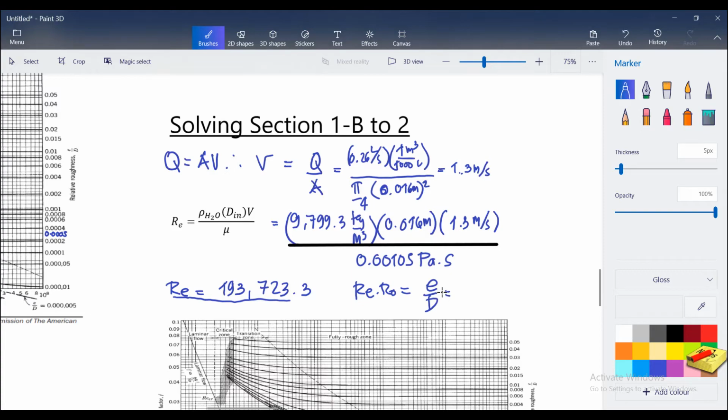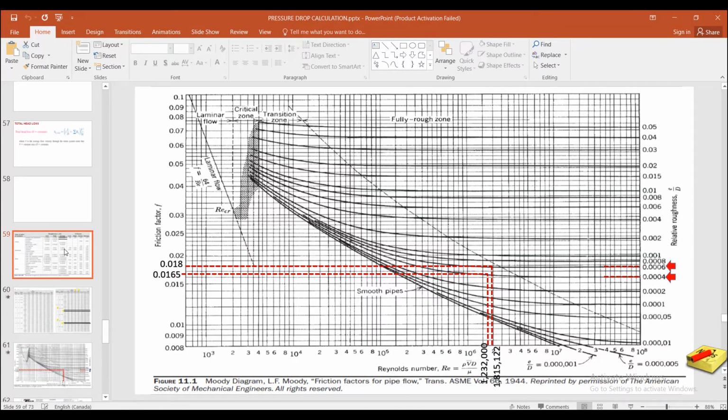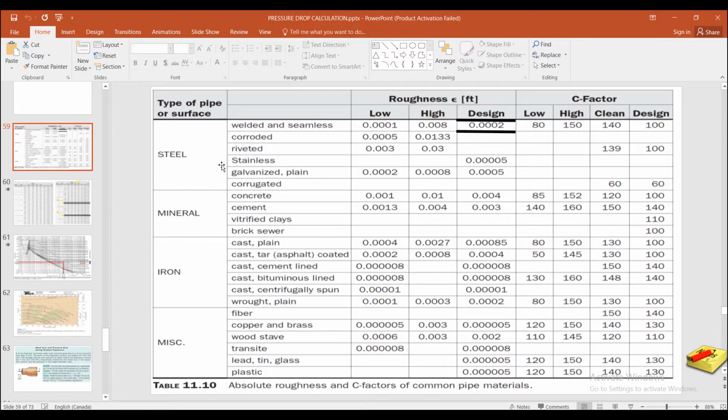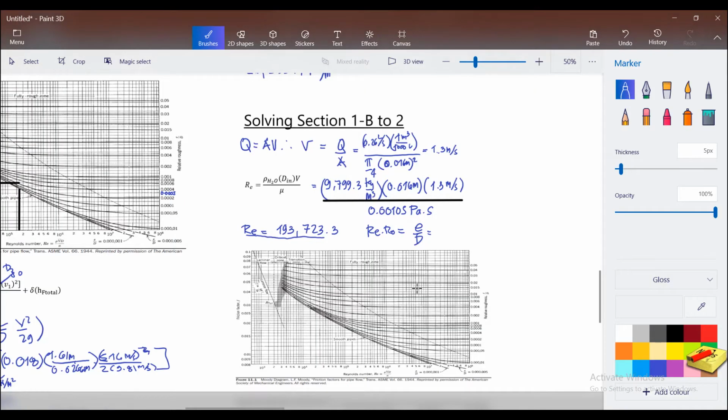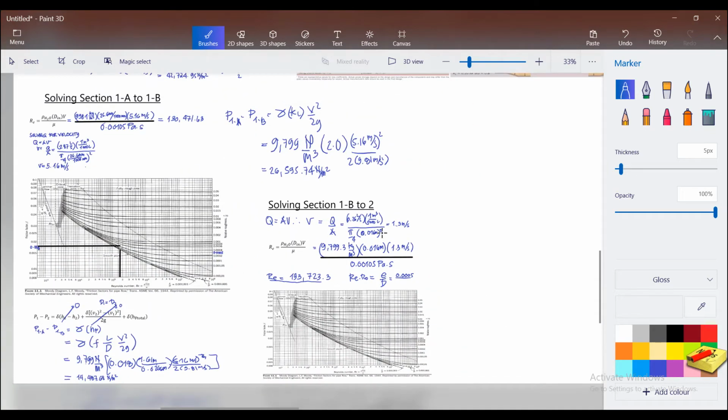Okay. So from the table, so steel, galvanized, or corrugated or plain. So we have your design 0.005. Okay, entering that one 0.005. So we have 3 zeros, 0.0005, then divided by the diameter, which is yung inside diameter natin.